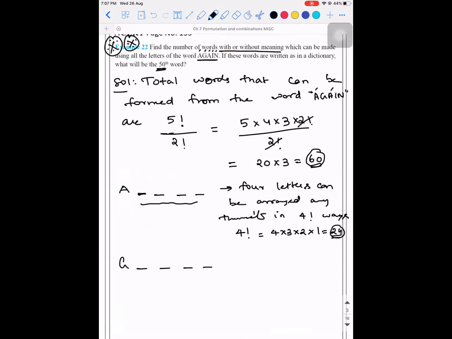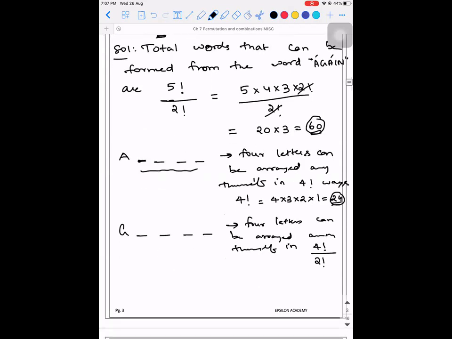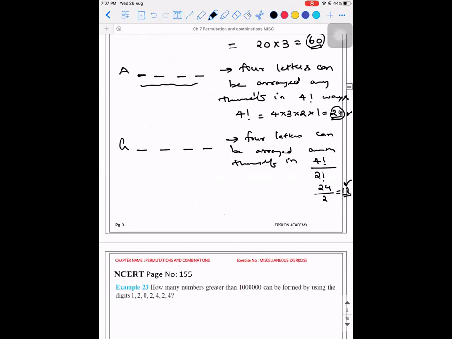But remember, in these 4 blank spaces, how many A's are there? 4 letters can be arranged among themselves in 4 factorial ways, and you have to divide it by 2 factorial, because A will get repeated twice. So 4 factorial is 24, and 24 divided by 2 is going to give me 12. So totally 12 words are over. With A, you have completed 24. With G in the beginning, you have completed 36. So with G also, all the words are exhausted.